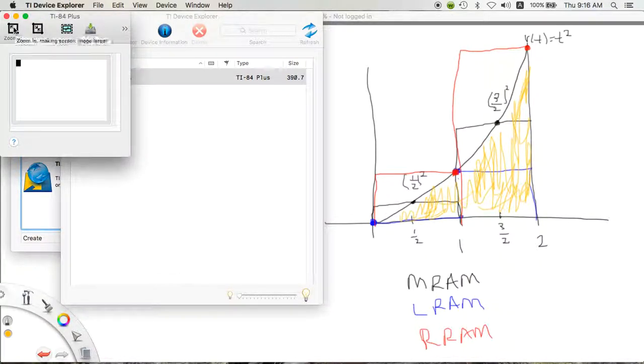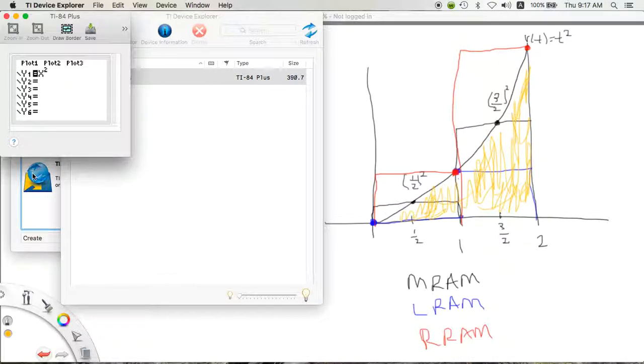But what you do is first you go to your y equals and put whatever your function is in. So we have x squared as the function that we're looking at.